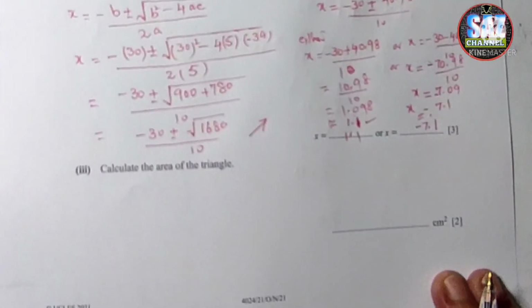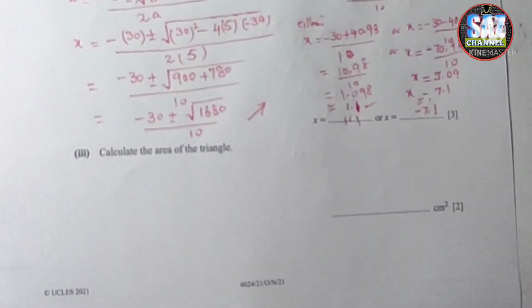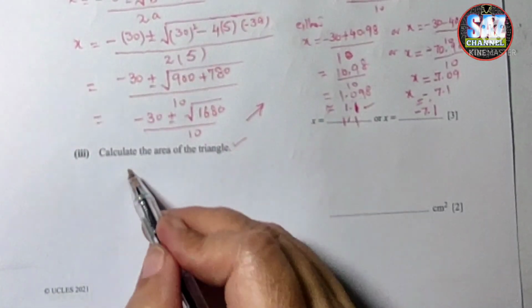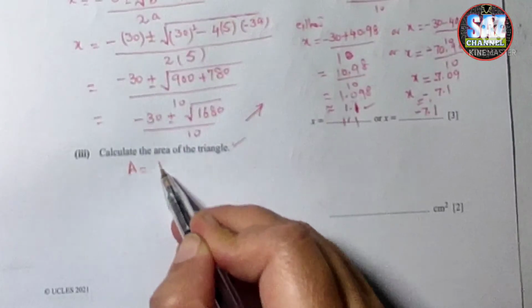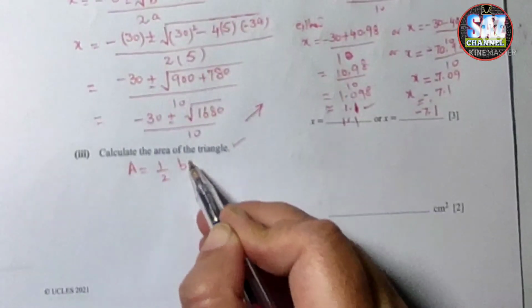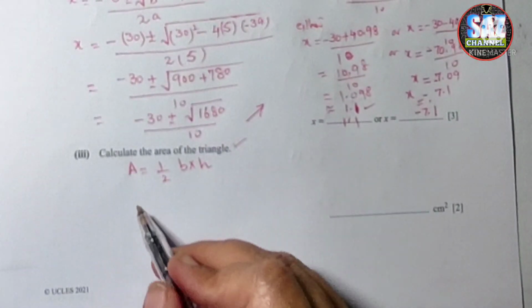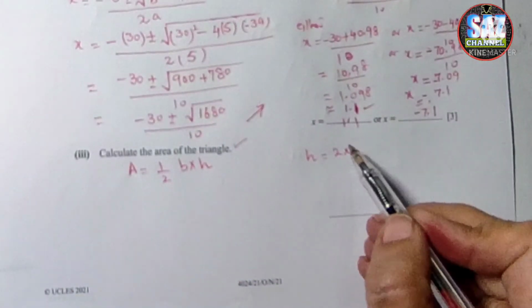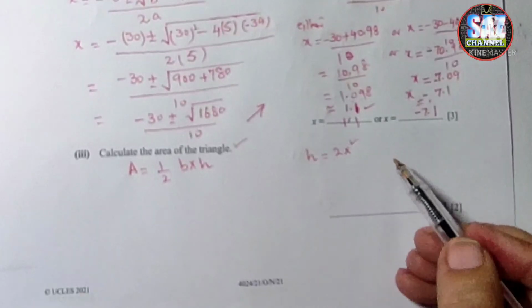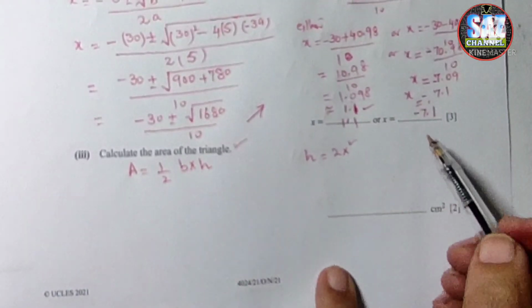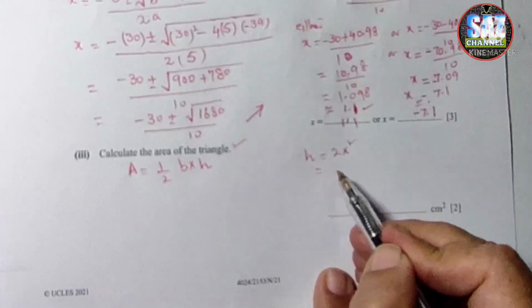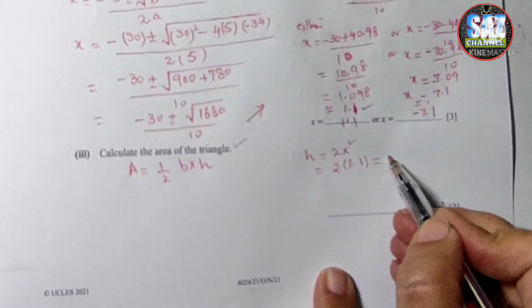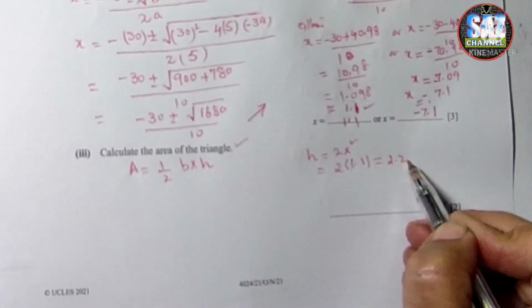And moving to the next part, it says calculate the area of the triangle. We know that the formula for the area of a triangle is half into base multiplied by height. Height is 2x, and as x is the side of the triangle and it's a length, it will not be a negative value, so we will take x as 1.1, and the height will become 2.2.